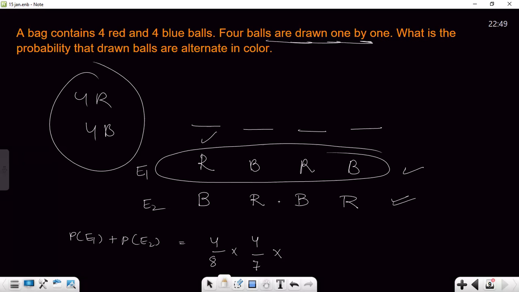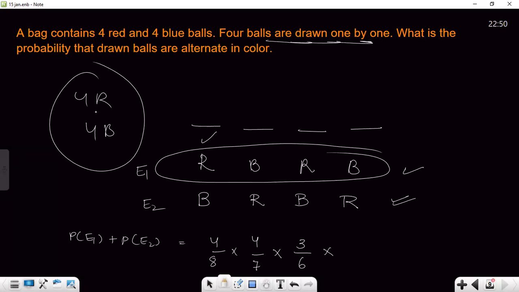Now the third ball should be red. One red ball has already been withdrawn for the first. So how many red balls are remaining? 3 red balls. How many total balls are remaining? We have already withdrawn 2 balls. So out of 8, 2 are withdrawn, so 6 are remaining. Blue.